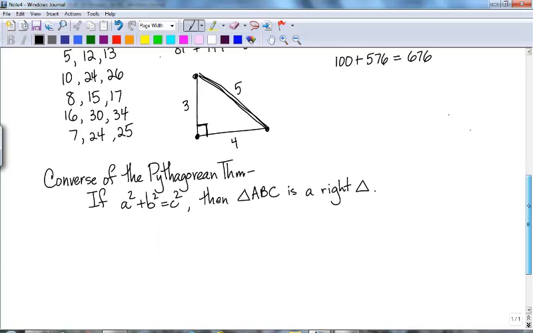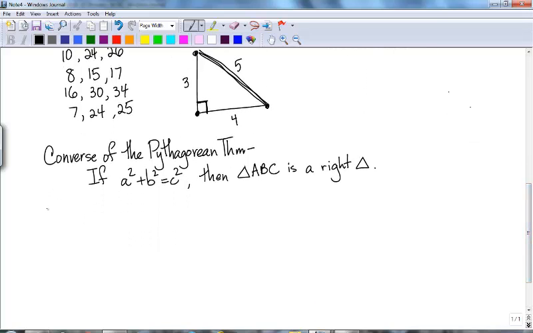There are 2 inequality statements. This is the Pythagorean inequality theorem.